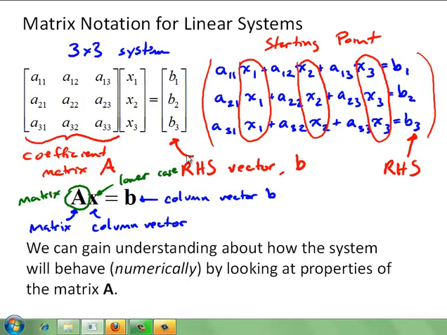And we can gain a lot of understanding about how the linear system will behave numerically by looking at the properties of that matrix A, that coefficient matrix. And we'll talk more about that going forward.